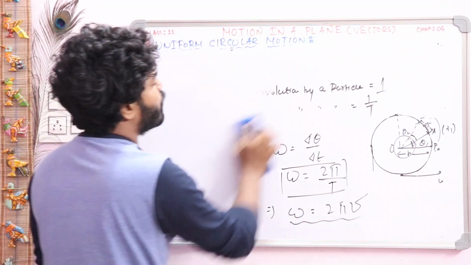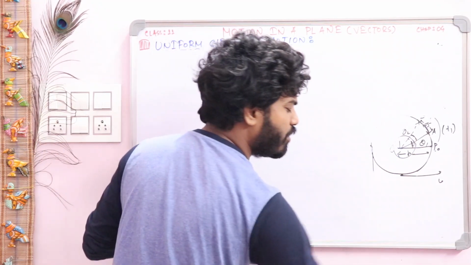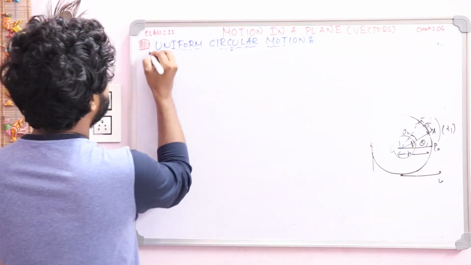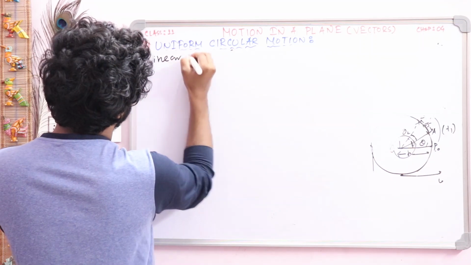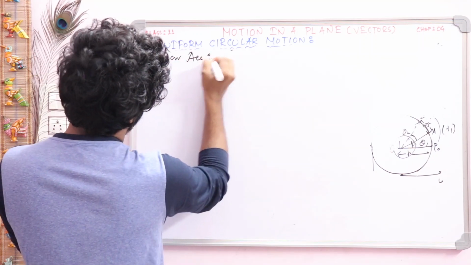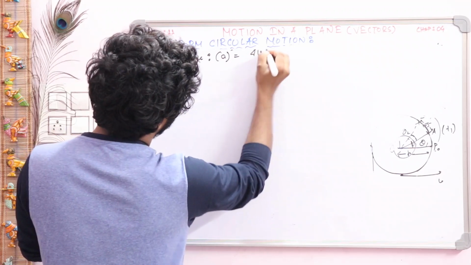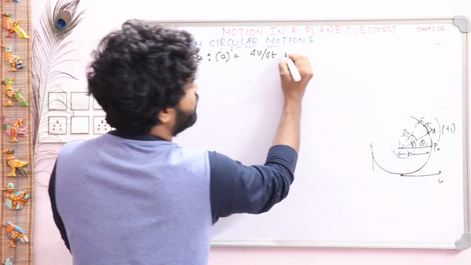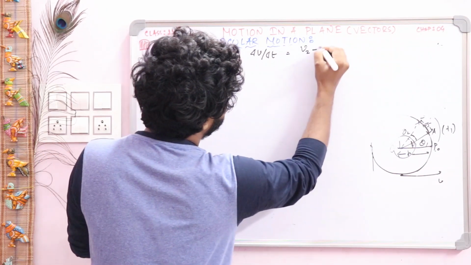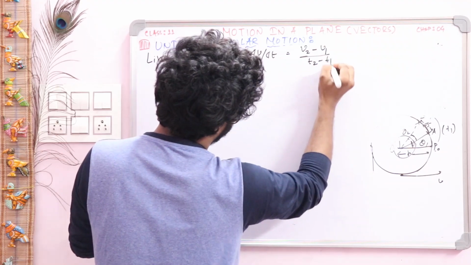All of you know about linear acceleration, which is denoted by symbol a, and is equal to del v by del t, that is, change in velocity by time interval. Change in linear velocity is v2 minus v1, and time interval is, suppose, t2 minus t1.